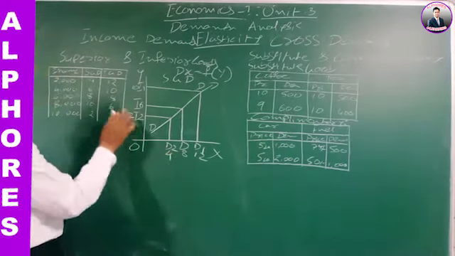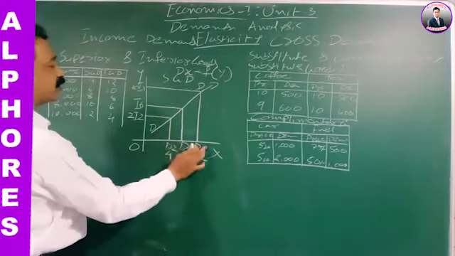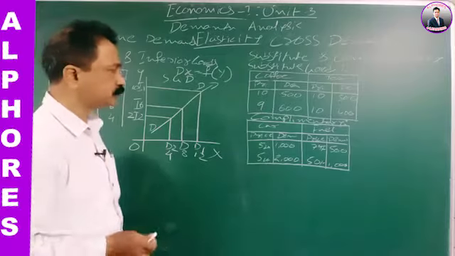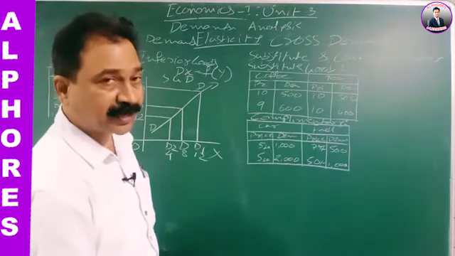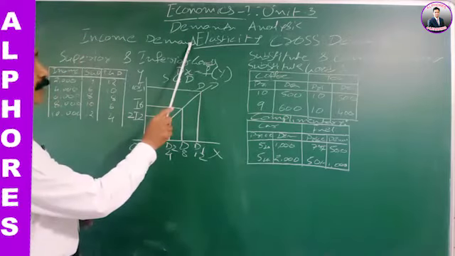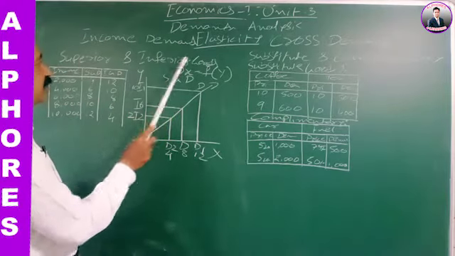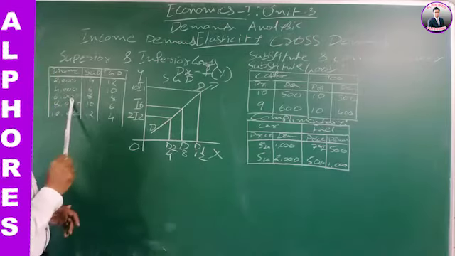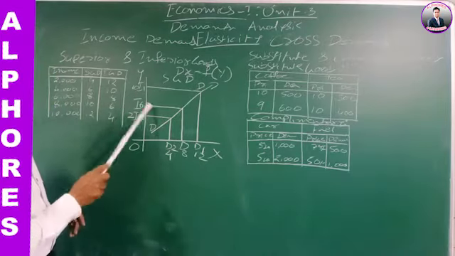That is a positive relation. One increases, another increases. One decreases, another decreases. You got the exact idea? In this analysis, we will see two types of goods. This is the graph and this is the table of superior goods. They have a positive relation.